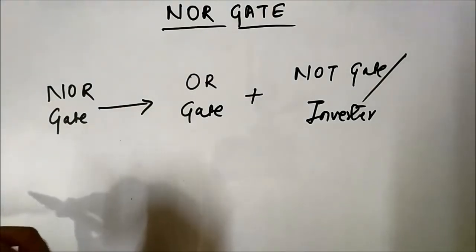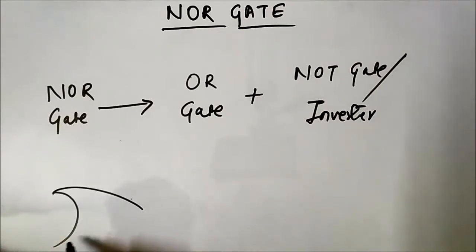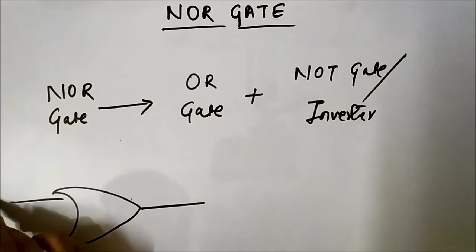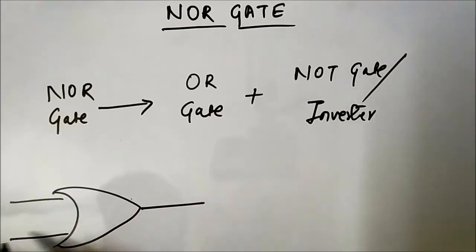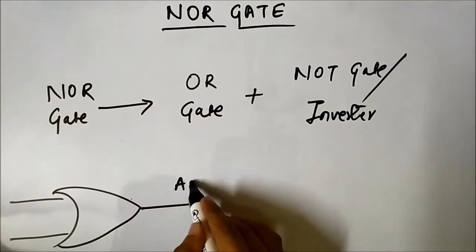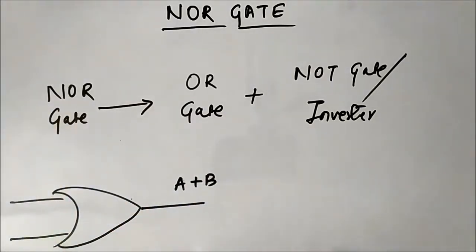So we know that the OR gate looks something like this with the two inputs, let's say A and B, and the output is A or B, the addition of the two logic levels.